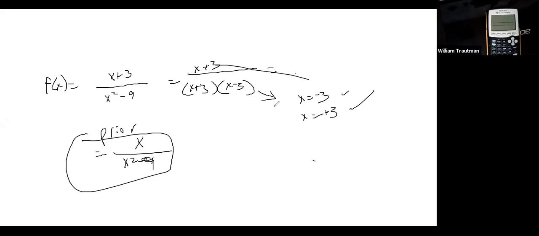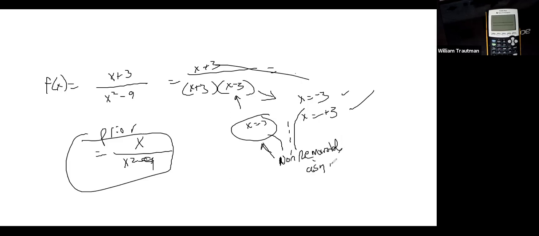They're both undefined at that point, but the discontinuity at x equals 3 is an asymptote. The graph goes toward it but doesn't cross it. We call that non-removable. That's an asymptote.